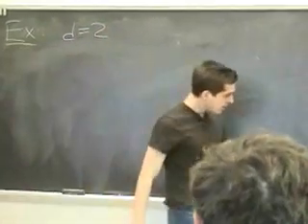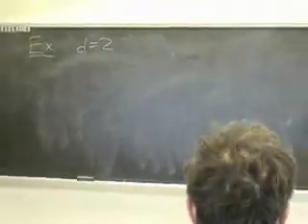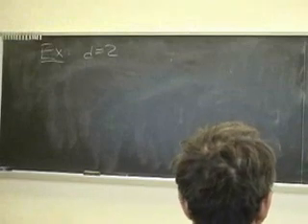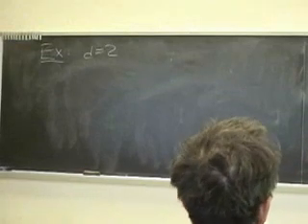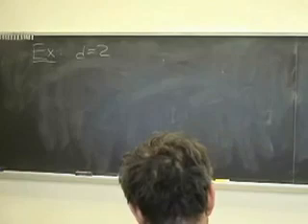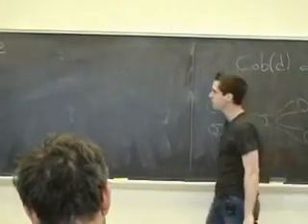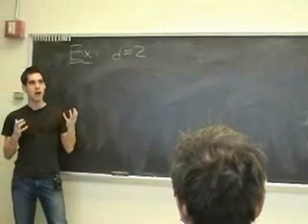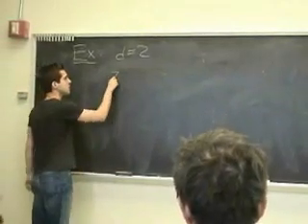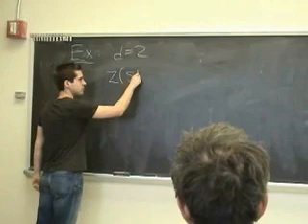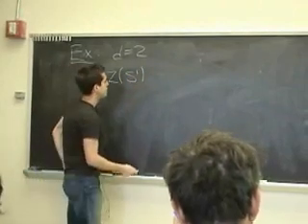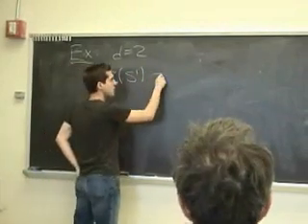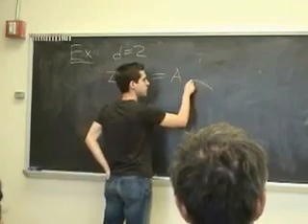Well, first of all, I have a tensor functor which I can evaluate on the objects of Cob-D. d is equal to 2, so the objects are closed manifolds of dimension 1. And there's one particularly interesting manifold of dimension 1, namely the circle. So if Z is a two-dimensional TQFT, I can evaluate Z on the circle, and I get some vector space, which I'll call A.